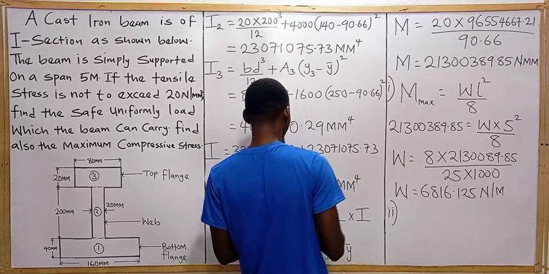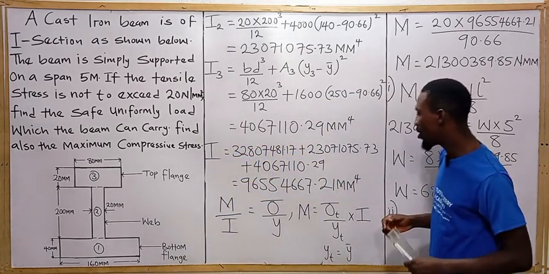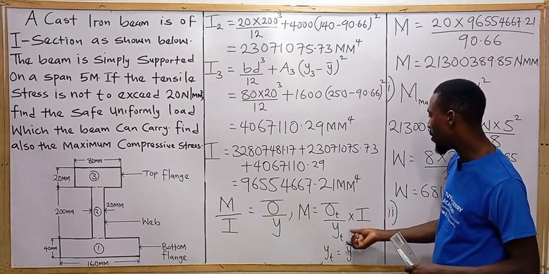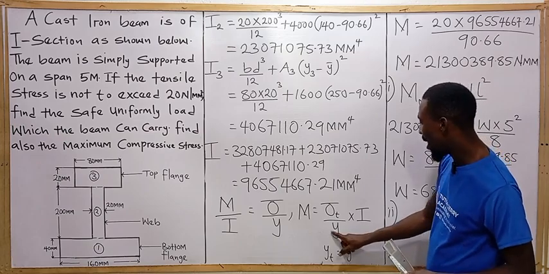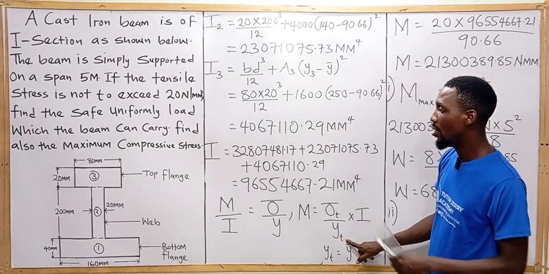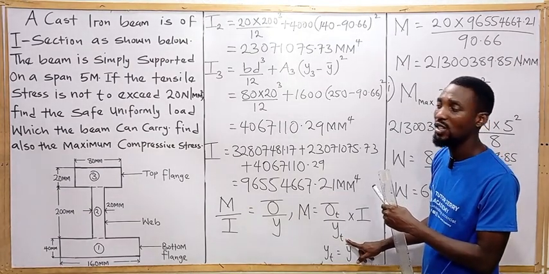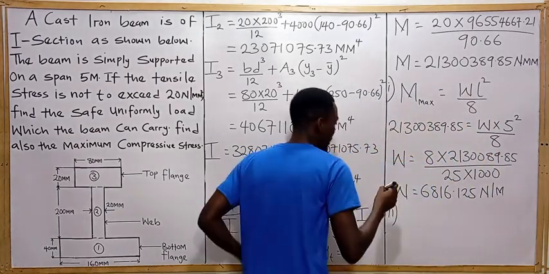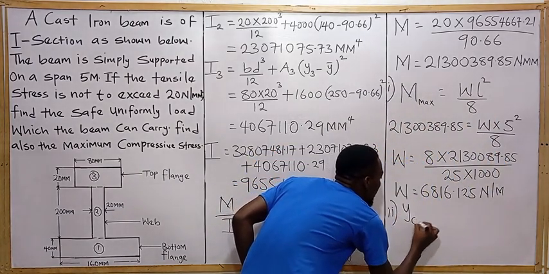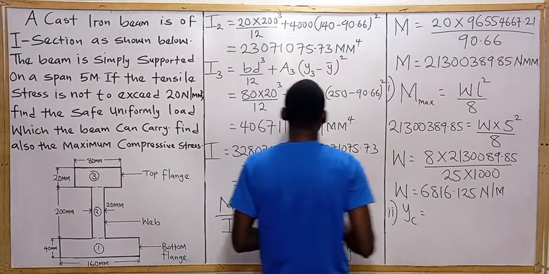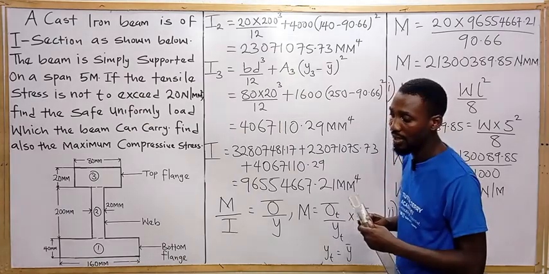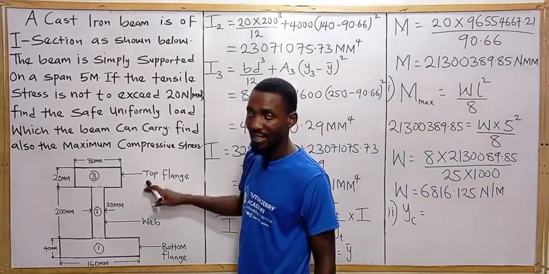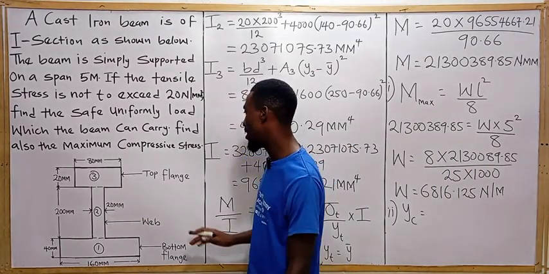But before we proceed, we cannot use the value of our tensile y t for this calculation here. So we must find our y subscript c, which is from the top part to the neutral axis.